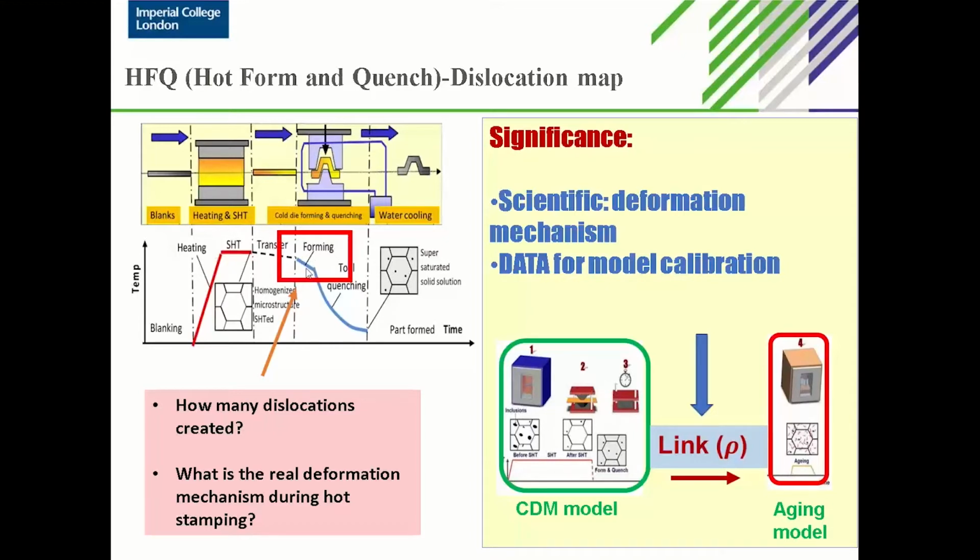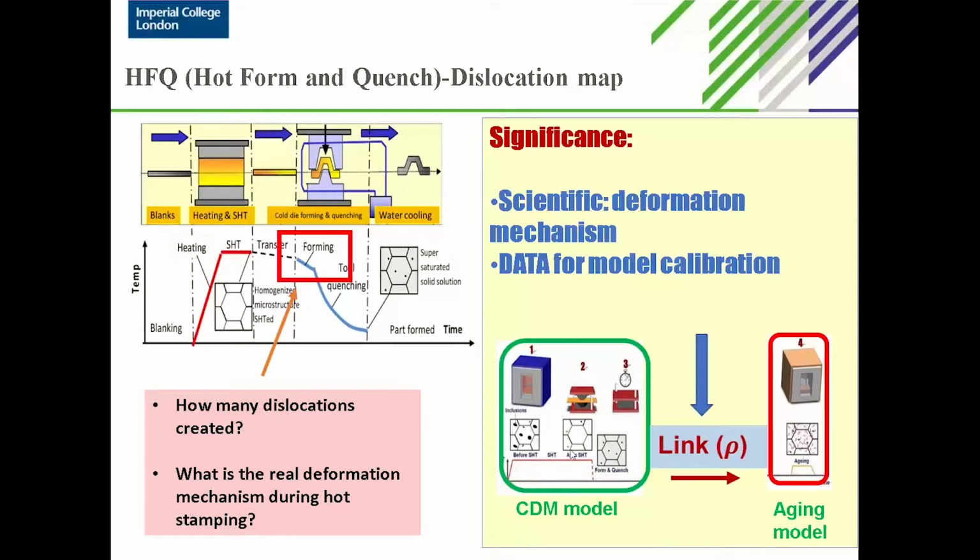the dislocation density during forming, and another significance of this work is that currently we have two sets of models. One is called the continuous damage model, which is able to predict the stress strain curve during forming. The other is called the aging model, which is able to predict the precipitation process after the forming.